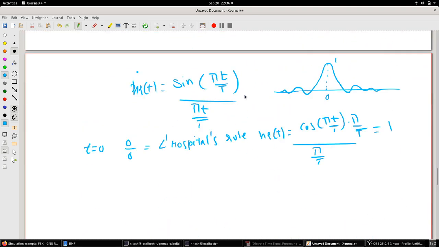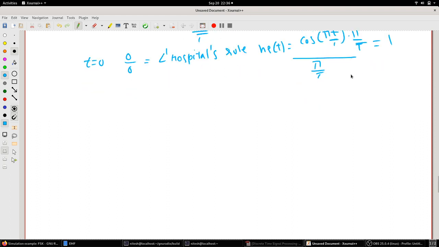And then where does it go to 0? It goes to 0 when t equals multiples of T. When t equals T, this will go to 0. At t equal to 2T, it will go to 0, and so on. This is like a sinc function, it's called a sinc function.